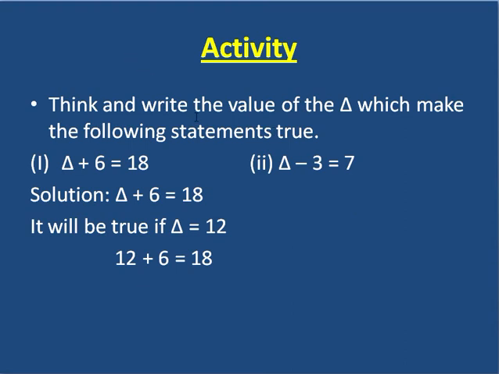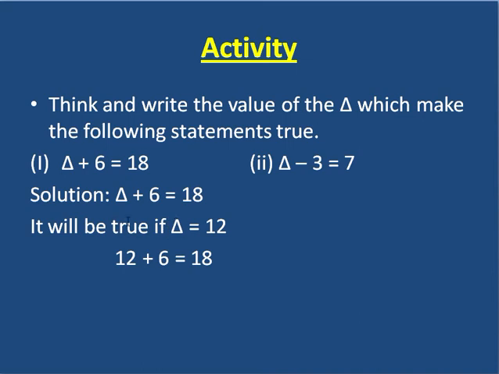Activity: think and write the value of the blank space which makes the following statement true. Number 1, this triangle, or you can say blank space, plus 6 equal to 18. Solution: triangle plus 6 equal to 18. Student, what number will come in this blank space to make it true?